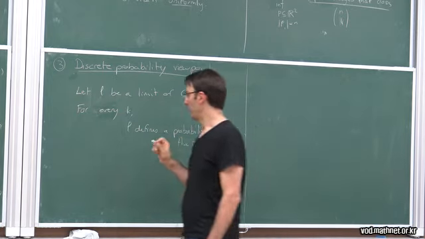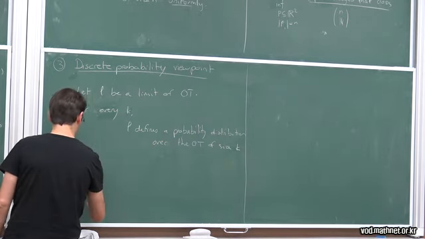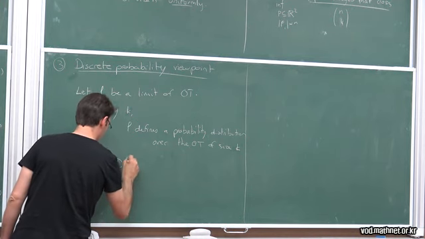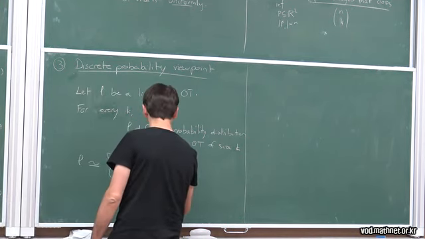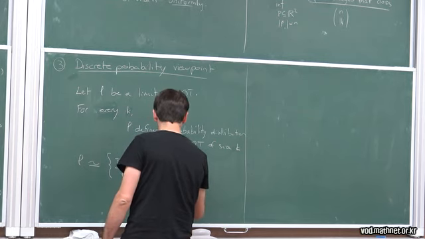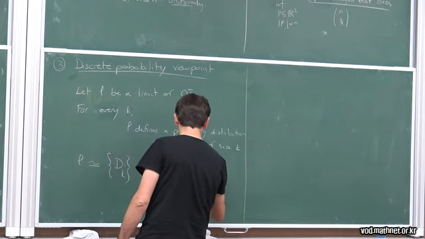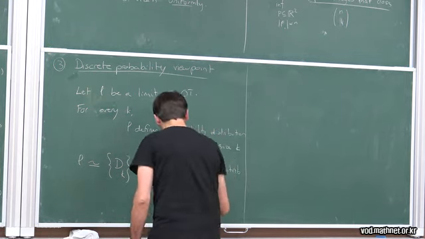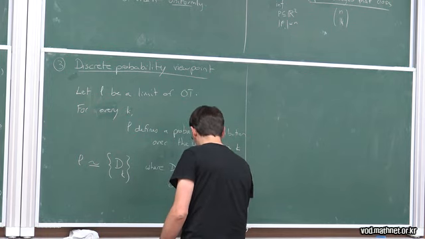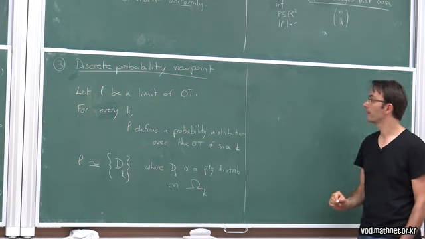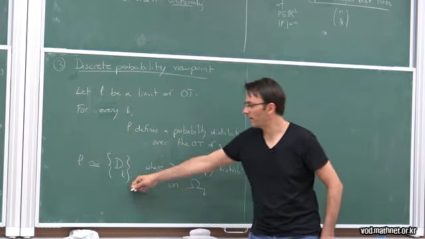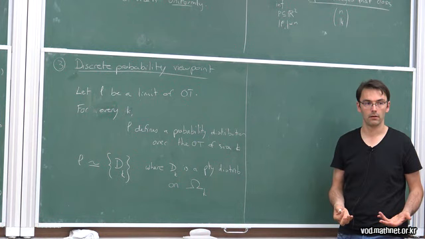So we can think of L as a family d_k, where d_k is a probability distribution on omega k, the order types of size k. This sequence of probability distributions has some properties.